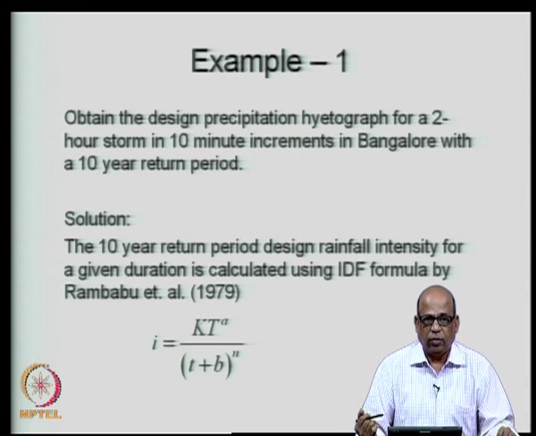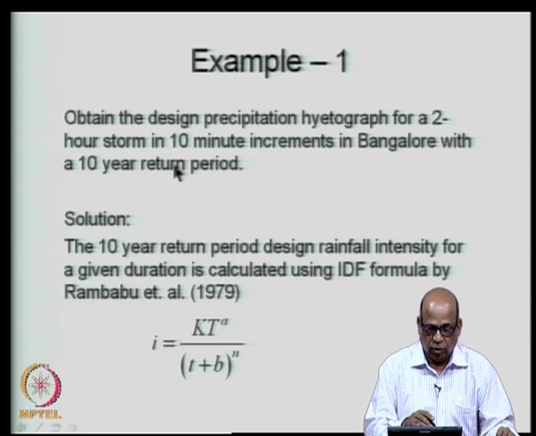So, let us look at one example to drive home this point, a very simple procedure, except that you must not forget that the basis for all of this is the design duration, from which we are picking up the design intensity.